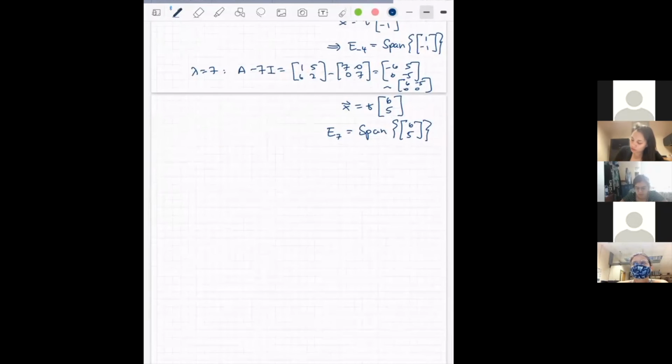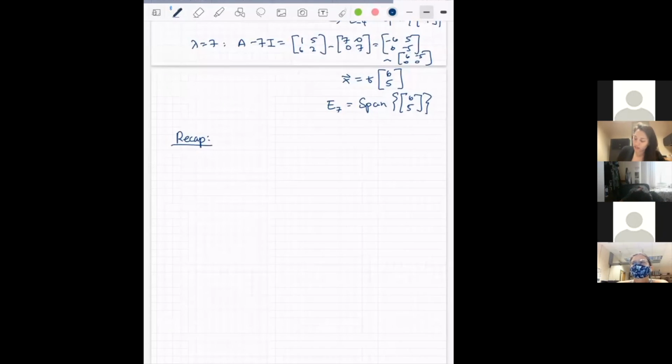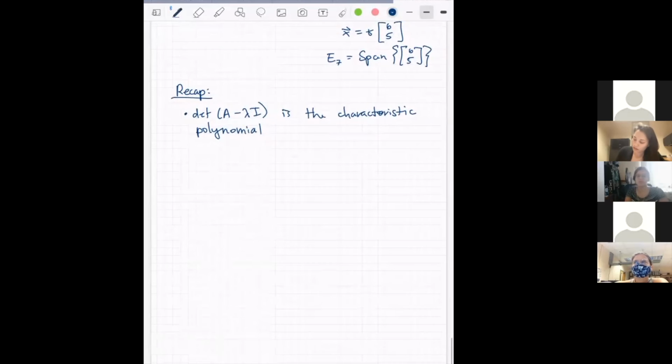Okay, so just to recap, the determinant of A minus lambda I gives us a polynomial in lambda. This is the characteristic polynomial. When we set it equal to 0, we get an equation. This is the characteristic equation.